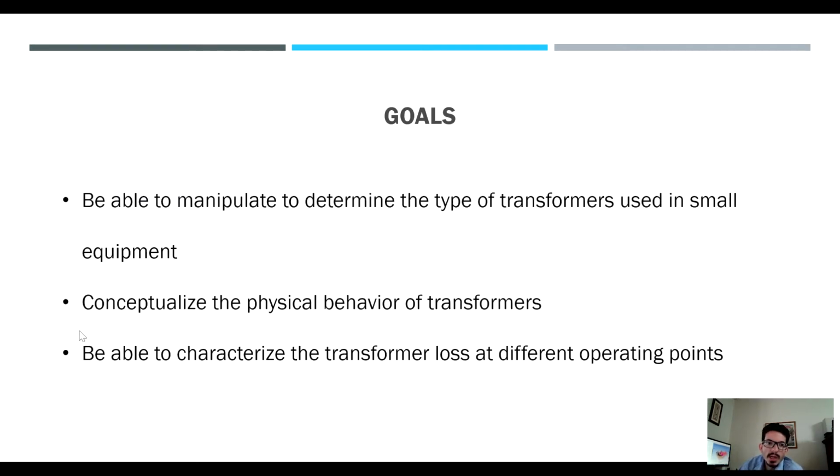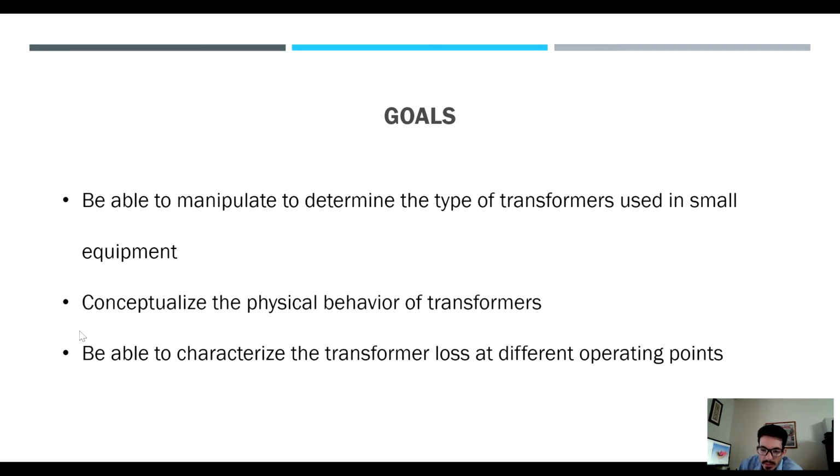The goals are to be able to determine, decipher, and understand the types of transformers used in small and large equipment. We want to be able to conceptualize the physical behavior of transformers, how they work, and characterize the transformer losses and how they are designed for an application.